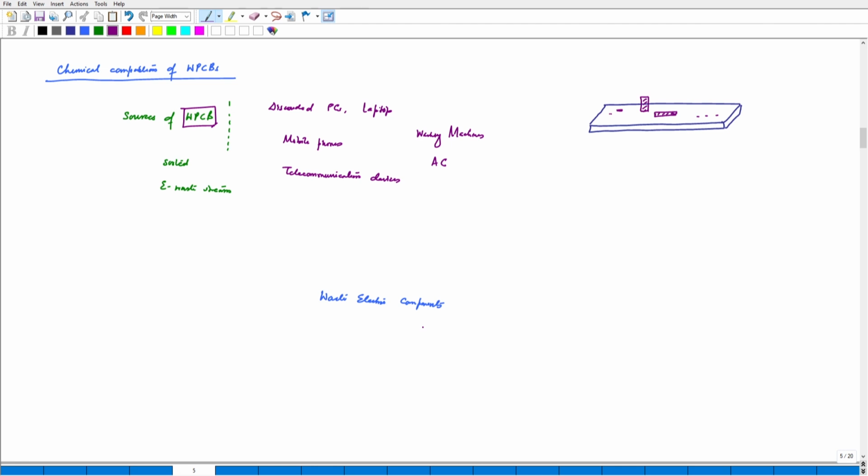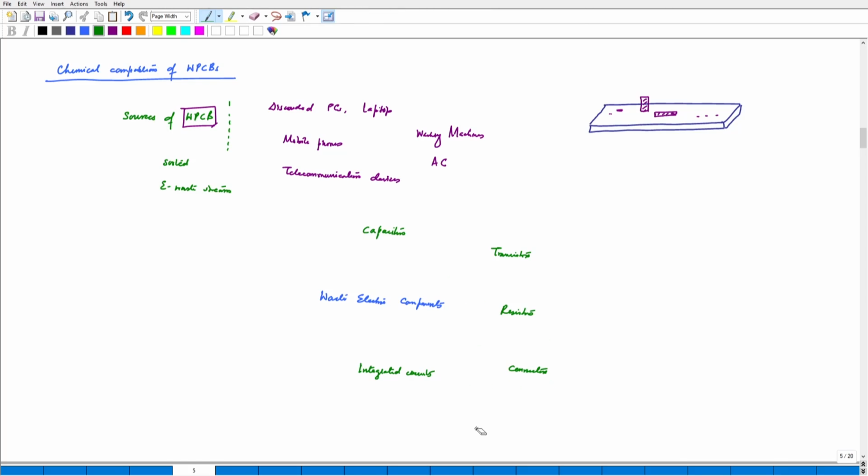So if we are looking at a waste printed circuit board, we are also looking at the electronic components, and these electronic components have their own properties. So we'll look at these. The classification is capacitors, integrated circuits, ICs, transistors, resistors, connectors, and at times we can also have interconnects.